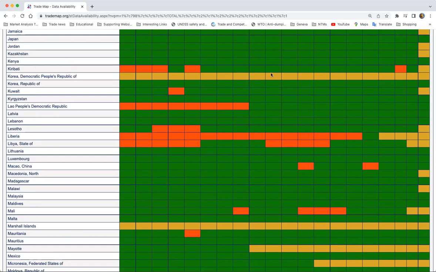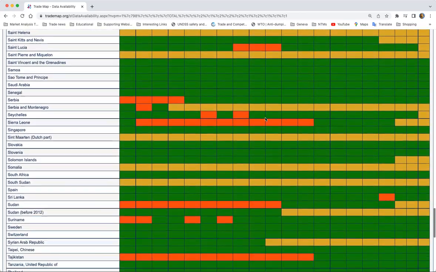So you can see that over the years, Kiribati has actually been reporting well. There's 1 year that was missing, which is 2019, and 2021 is still not reported. Maybe there's some delay there, but we have managed to reconstruct the data based on the partner countries. So we do have the information available for Kiribati in our tools.